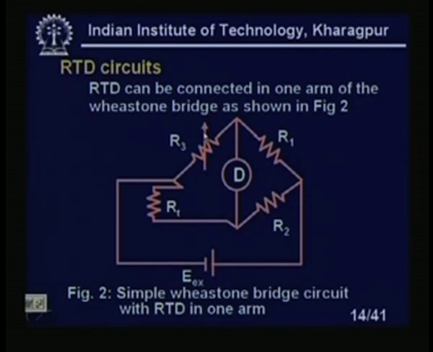Either I can take the unbalanced voltage and calibrate that in terms of temperature, or I can calibrate this R3 in terms of temperature. In that case it will be a slide wire, like a simple potentiometer.